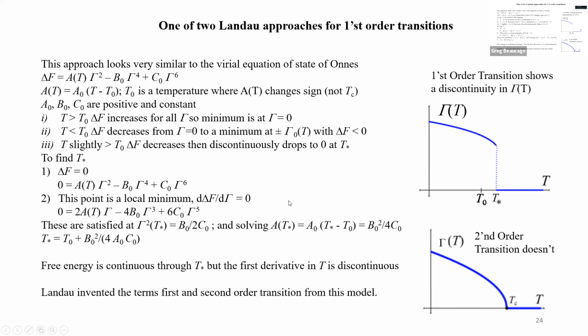So to find that step function, you set delta F equals 0, and then you solve this equation for a temperature below the T naught. So dF dT equals 0. Set dF d gamma at 0.